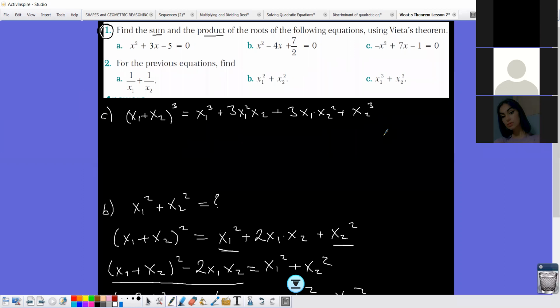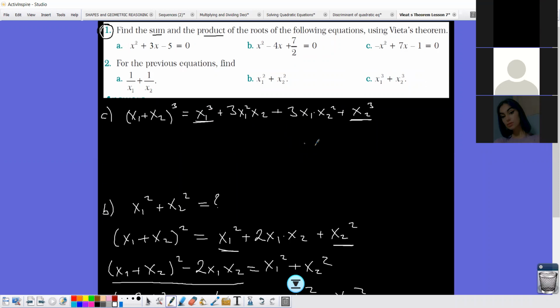Now, can we find the thing that we want from here? No. Teacher, I couldn't find it. Someone else? We have the thing that we are looking for on the other side of the equal sign.